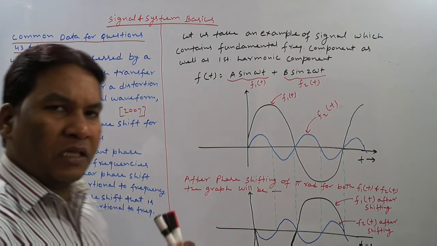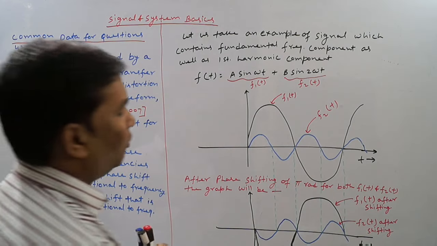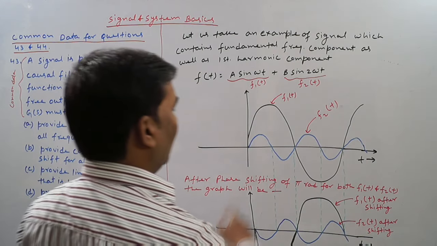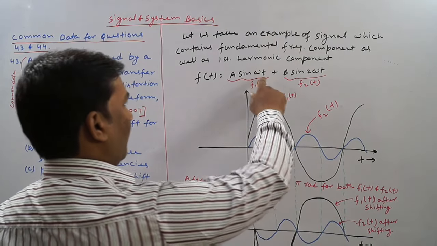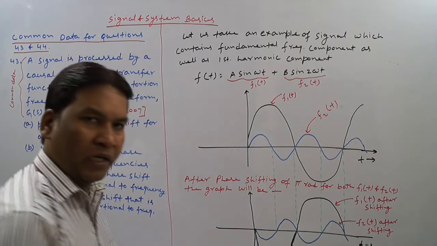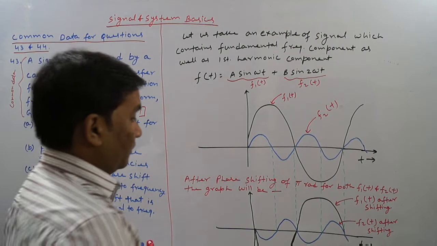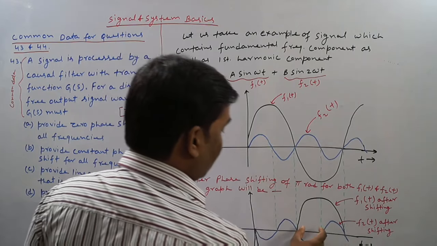So what should be the shifting? Suppose this is the fundamental component, and we are shifting the fundamental component by pi. Then this part must come here.